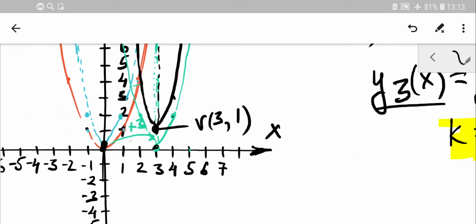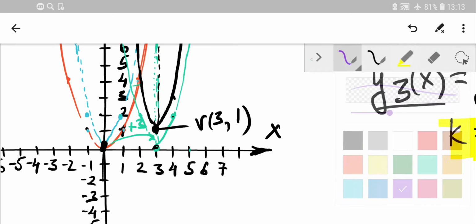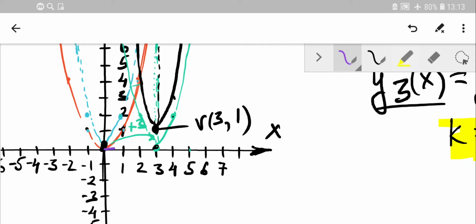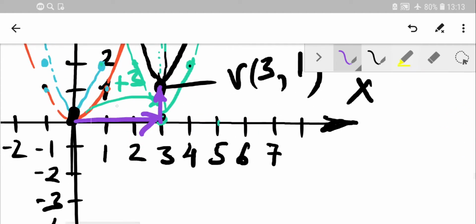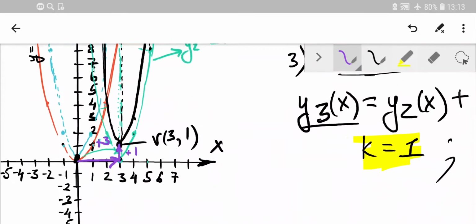And indeed, if you have a look at what we did visually, that's exactly right: 3 units here and 1 unit up. So I can use this purple color to show you that it was translated by 3 units this way and 1 unit up. That's how it can be done visually.